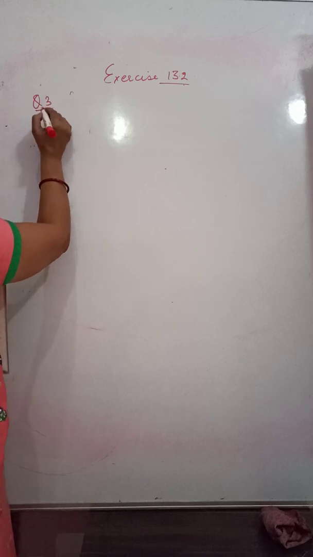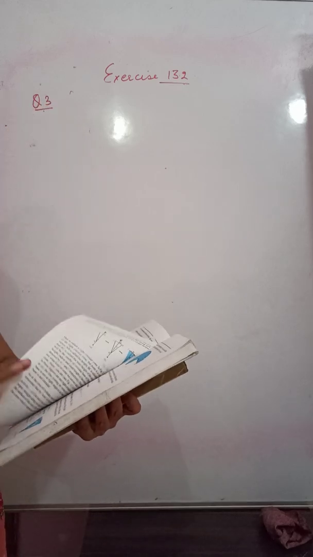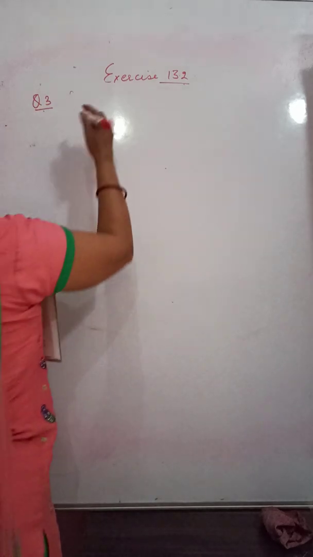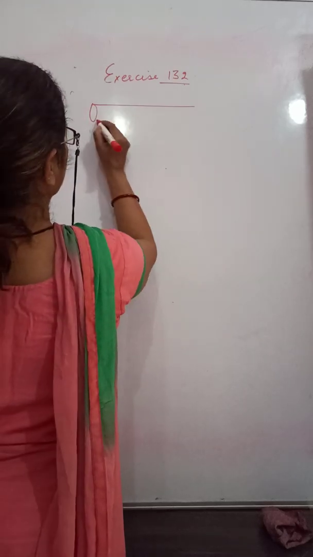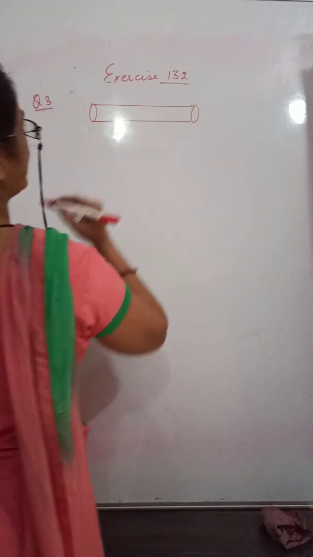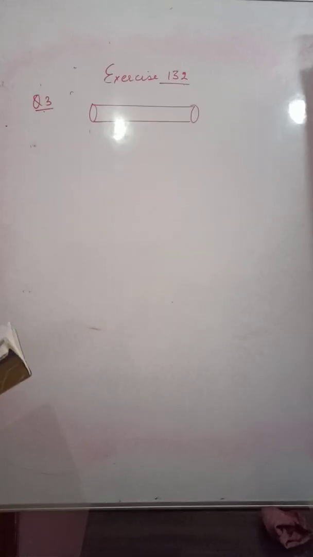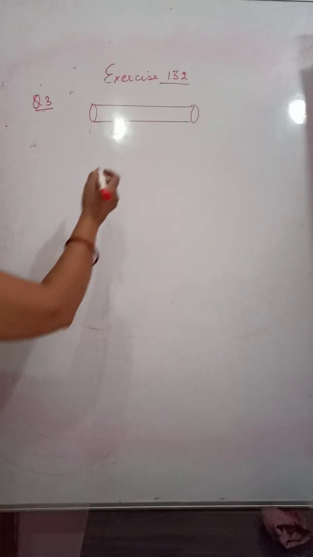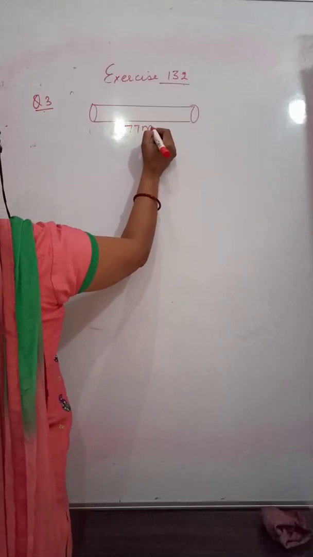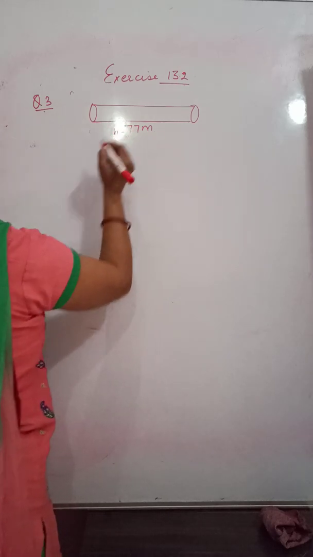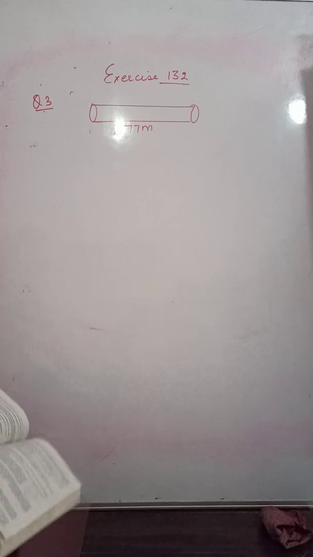Question number 3 is, we have a metal pipe, and this pipe is 77 centimeter long. So height is 77 centimeter. The inner diameter of the cross section is 4 and outer diameter is 4.4.